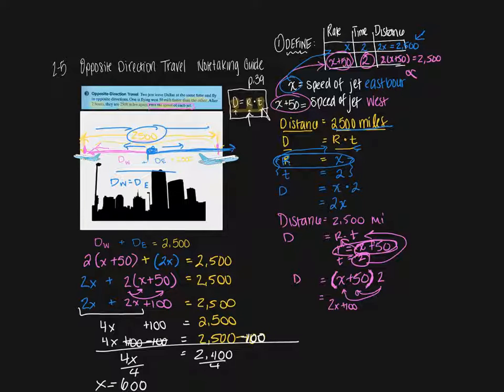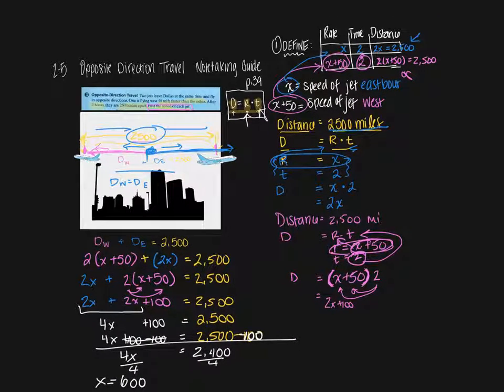Okay, so that gives me which distance? Is x the distance of my westbound or my eastbound? Well, let's come back up here to my chart. X up here is blue, so it's my westbound. So, I'm sorry, my eastbound. So my eastbound jet is going 600 miles per hour.